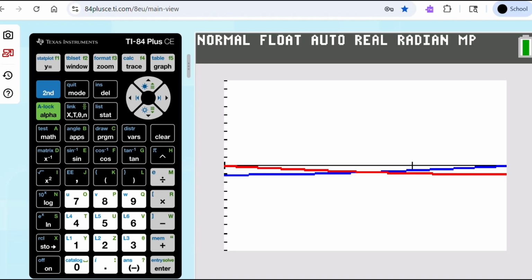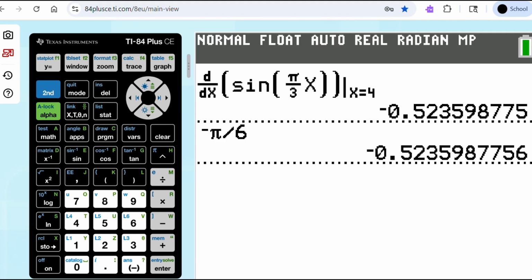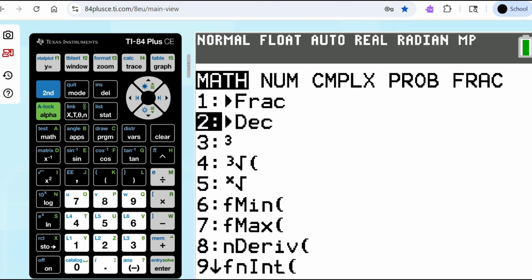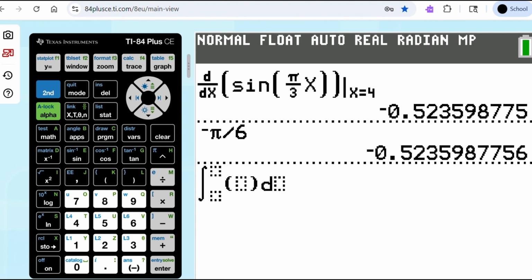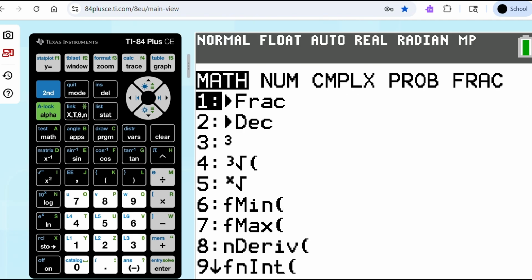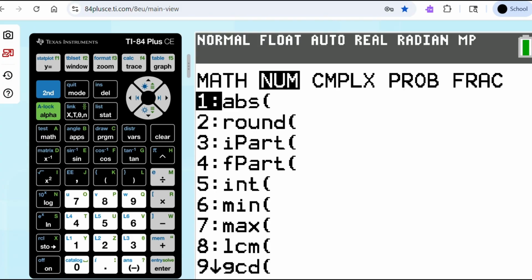So I'm just going to go back here to my graphing calculator. We'll hit second quit to go out of that. We'll do math and option number 9 down here, FNINT. And we're going to integrate from 0 to 4. And it has to be the absolute value of our velocity. So absolute value is in the math window, just underneath alpha. It's the second column, option number 1.